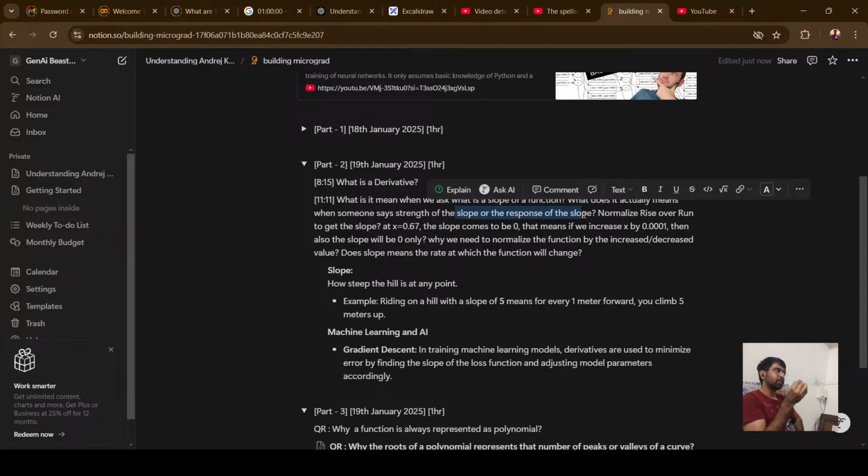Let's say I have a small hill, which is not very steep, and I travel 1 meter on it. It's not that steep. It's like this. This is the small hill, and the other hill is like this. It is this much steep.